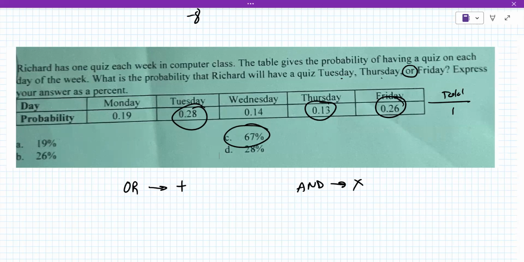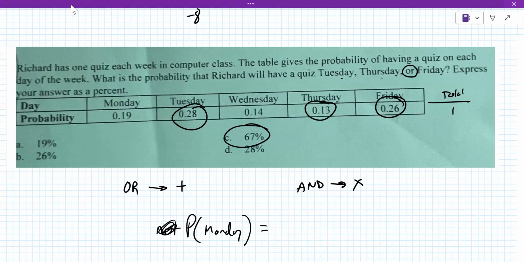What if it said the probability of not Monday? You know how to interpret that if it says not Monday? What's the probability that it is Monday?